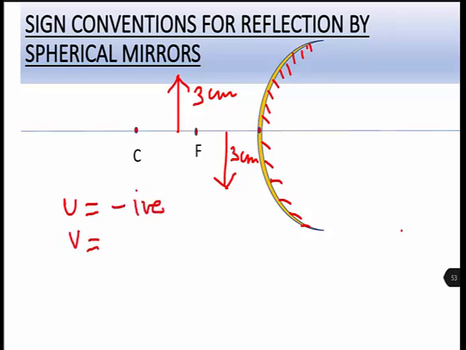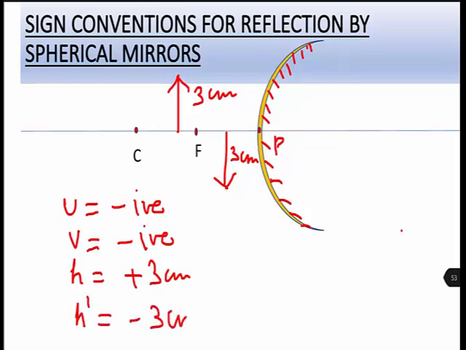What is going to be my image distance? It will be negative, because the image is again on the left hand side of the pole. What is going to be the height of the object? It is going to be plus 3 centimeter. What is going to be the height of the image? It is going to be minus 3 centimeter, because the height is going down from the pole P, because P here is the reference.